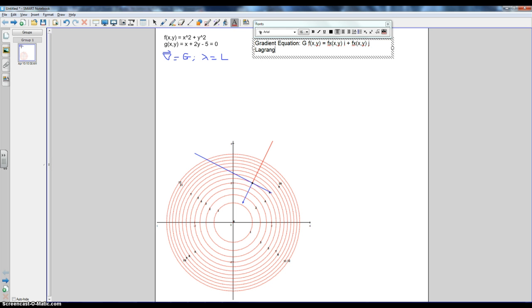The Lagrange multiplier equation is the gradient of f(x,y) equals lambda times the gradient of g(x,y).